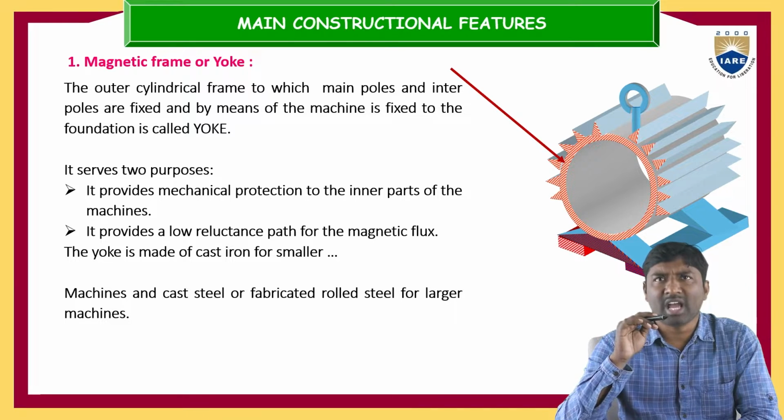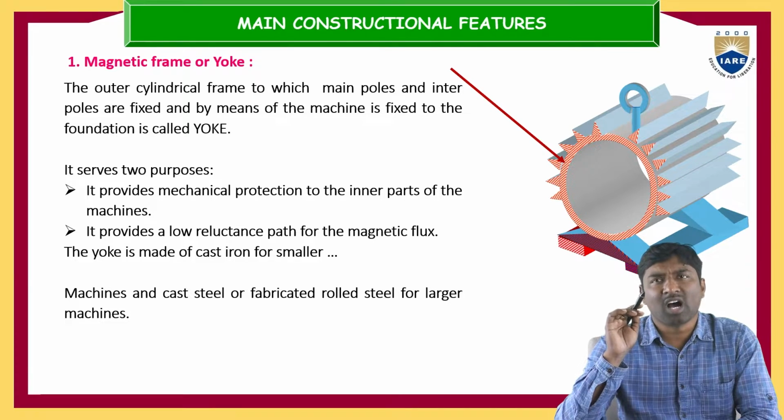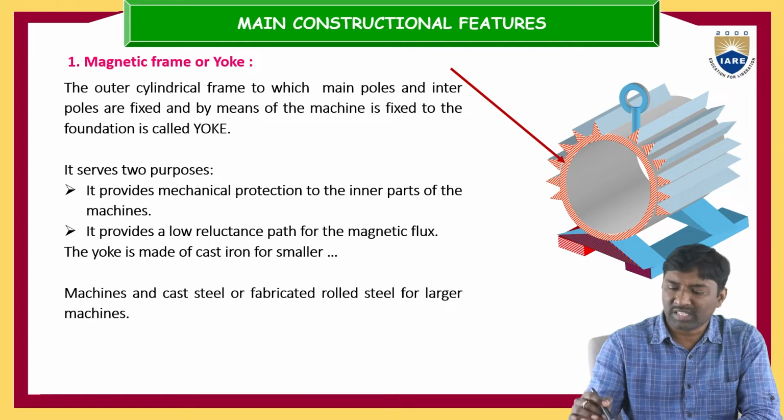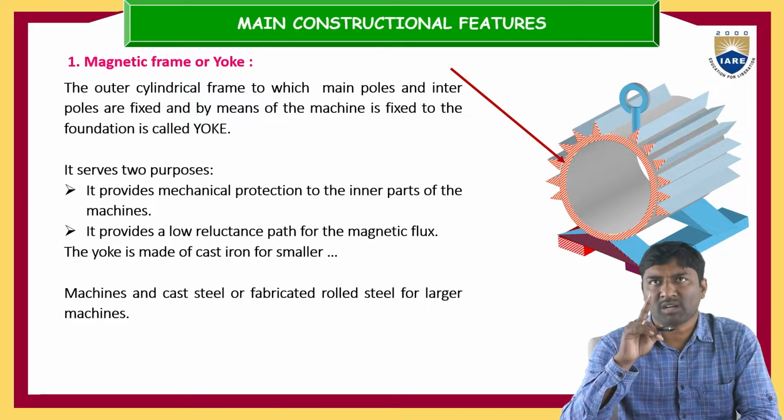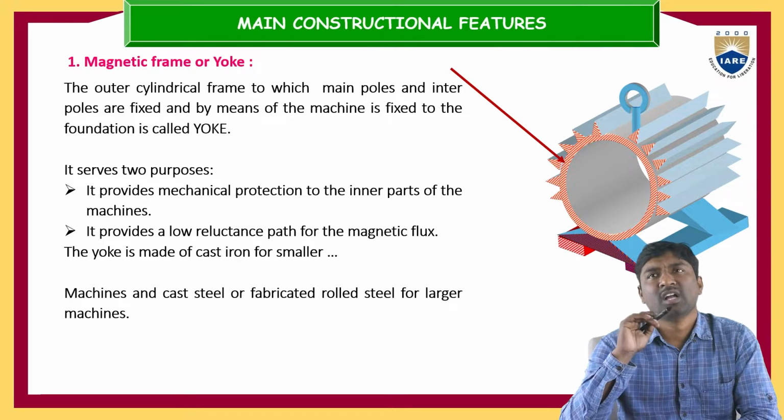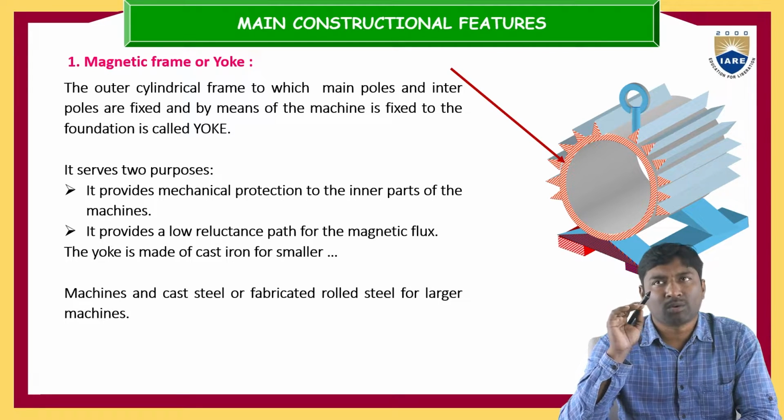And cast steel or fabricated rolled steel is used for larger machines. For smaller machines we are using cast iron. For larger machines we are using cast steel or fabricated rolled steel.